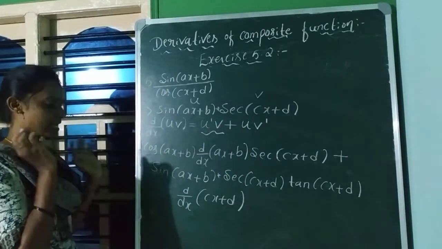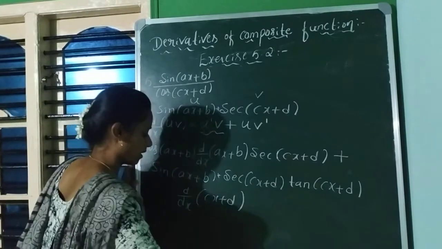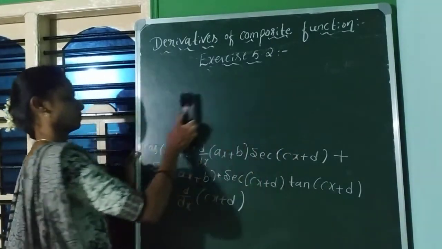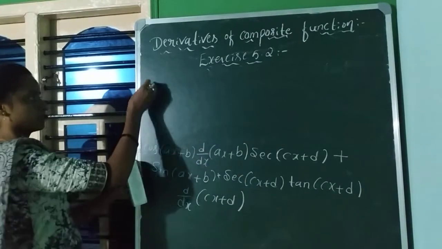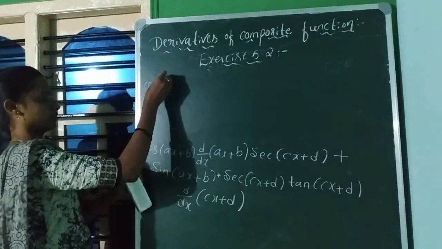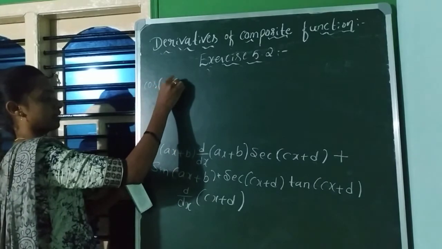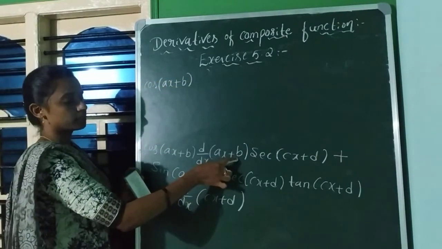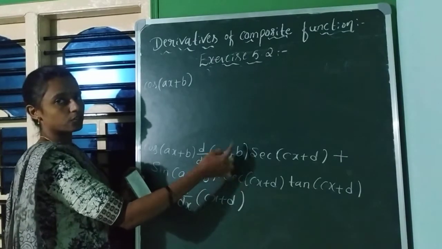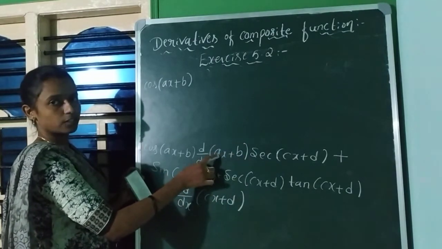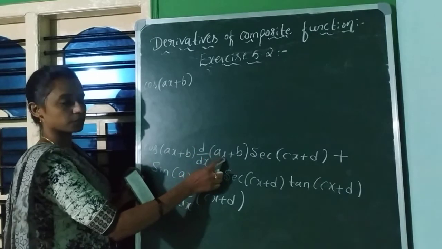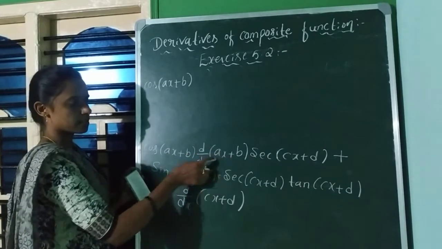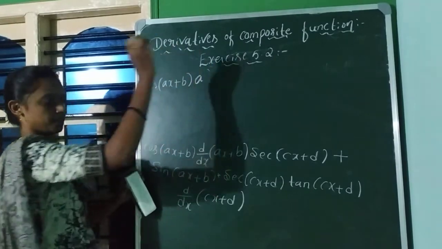I'll write it here. Cos of ax plus b: the derivative of ax plus b is 0 for the constant b, a is a constant so it stays, and the derivative of x is 1, hence the remaining is only a.